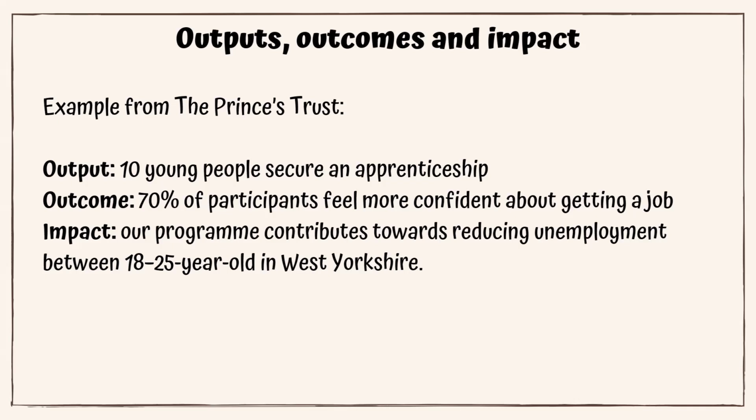The outcome was that 70% of participants told us that they felt more confident about getting a job as a result of being on this program. And then the impact is that if we continue to run this employability program every month for the next 5 or 10 years, then in the long run, this program will contribute towards reducing unemployment between 18 to 25-year-olds in West Yorkshire.